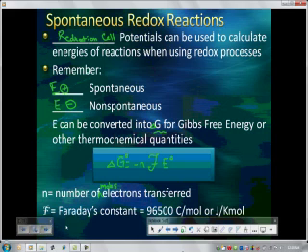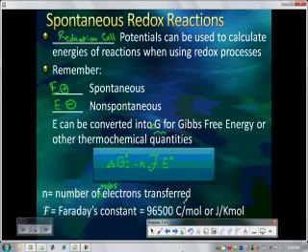And then F is a constant. It's called Faraday's constant, and it simply gives us the charge of a mole of electrons. One electron has a charge of negative 1.60 times 10 to the negative 19 coulombs. And if we had a mole of electrons, then we multiply this by Avogadro's number.